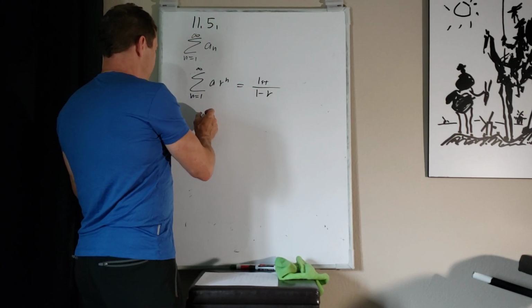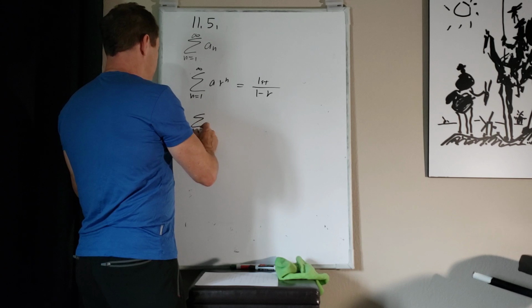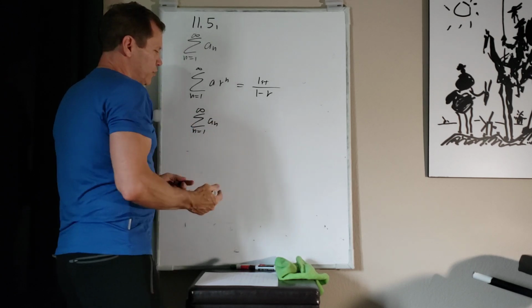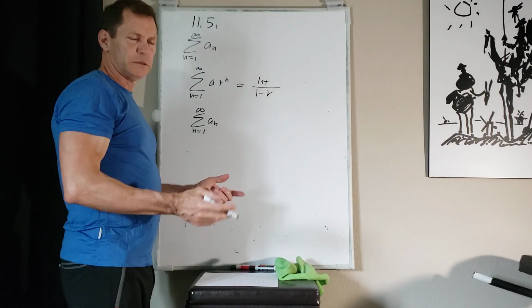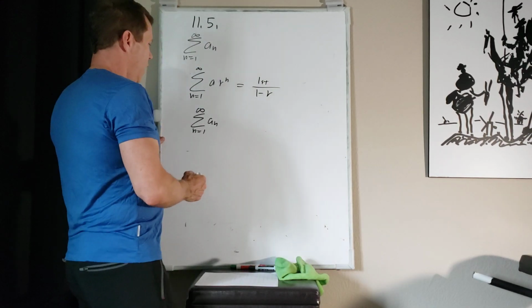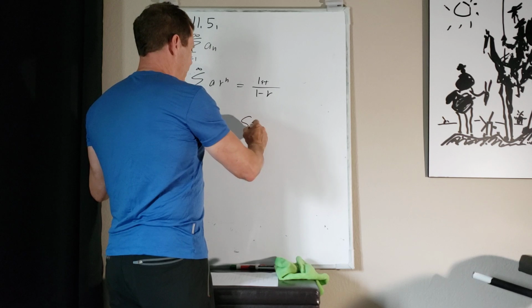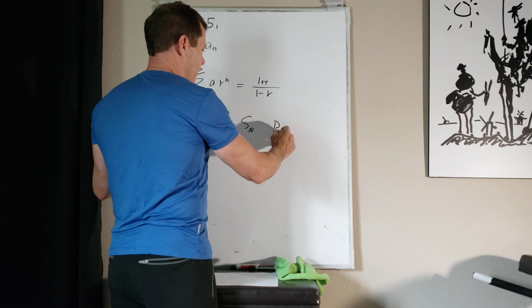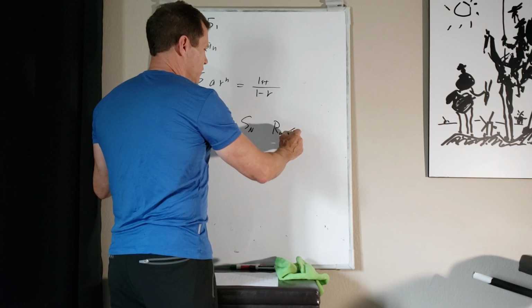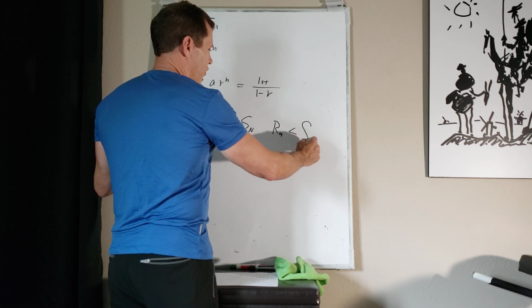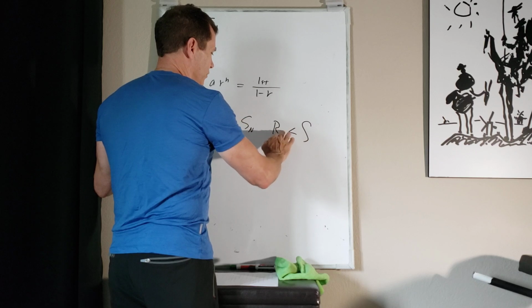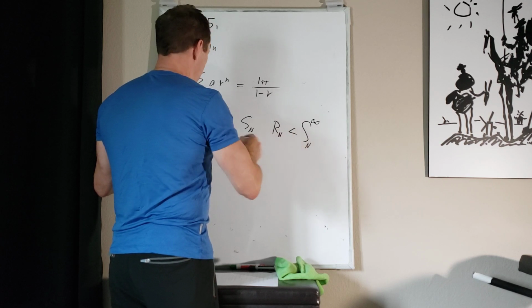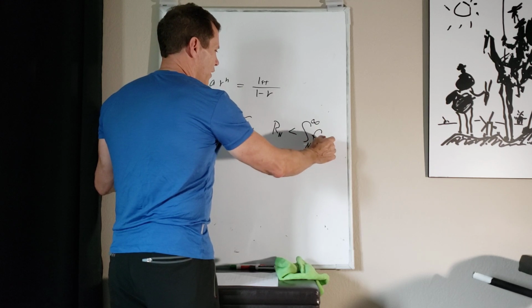But if we found a series, and we used the ratio, the root, or the integral test, and we used Sn to approximate it, and we came up with a remainder, we know that the remainder is less than the integral from wherever we stopped, n, to infinity of the function f of x dx.